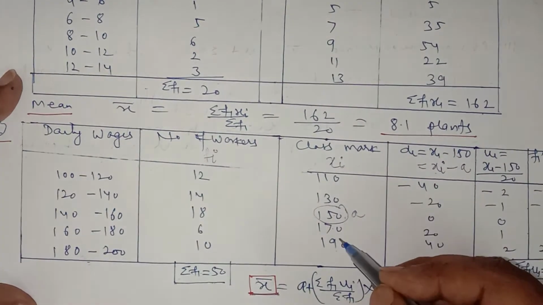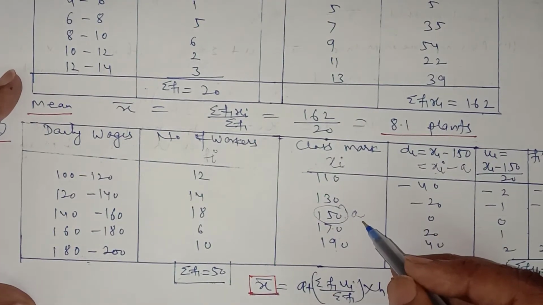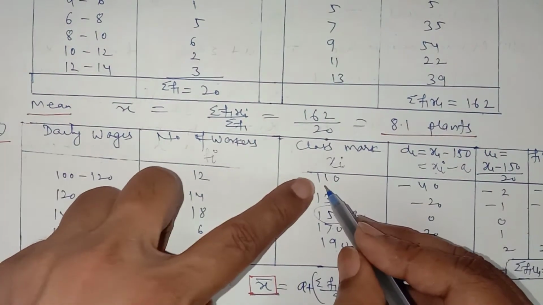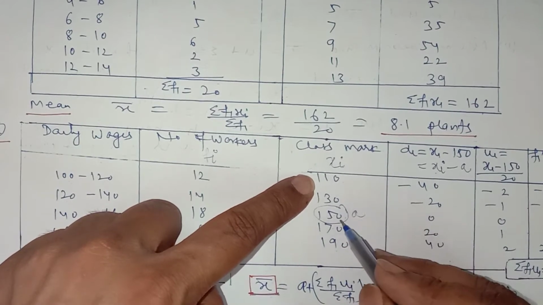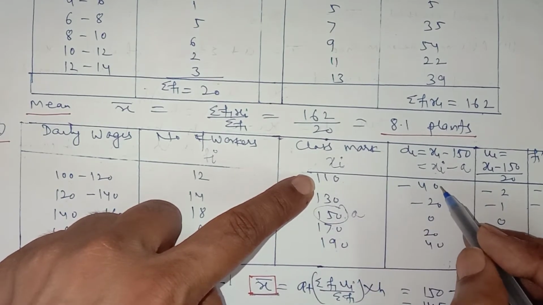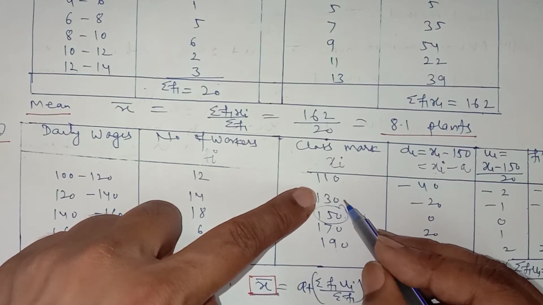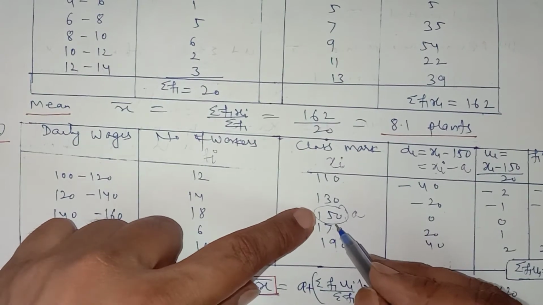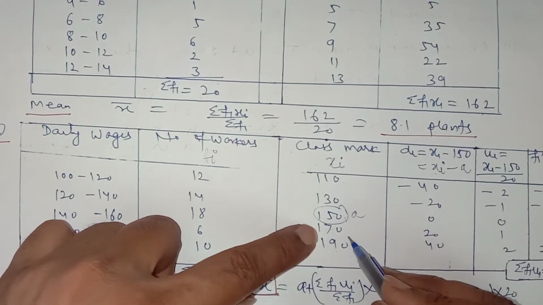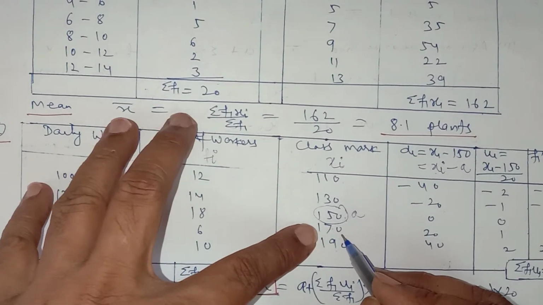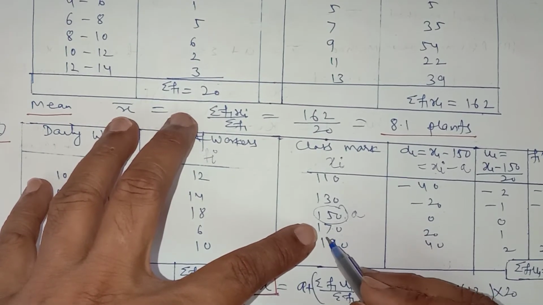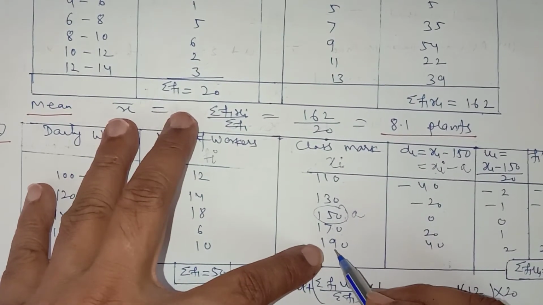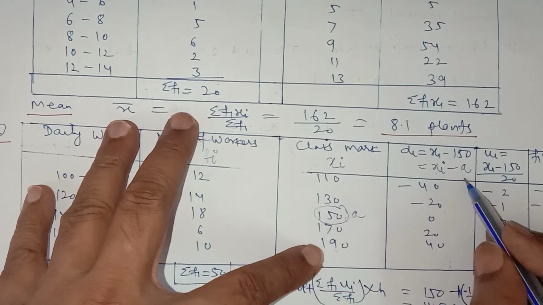That is 110 minus 150, equal to minus 40. 130 minus 150 is minus 20. 150 minus 150 is 0. xi is 170 and a is 150, so 170 minus 150 is equal to 20. 190 minus 150 is equal to 40.